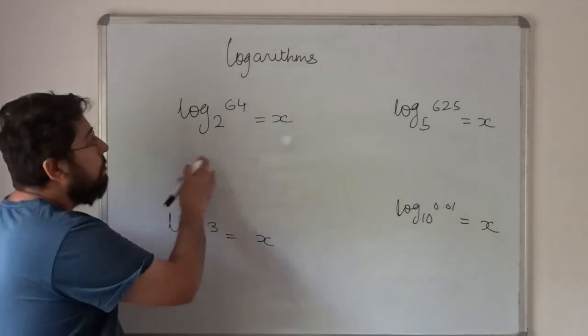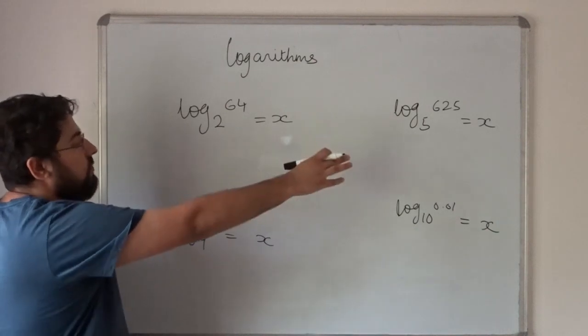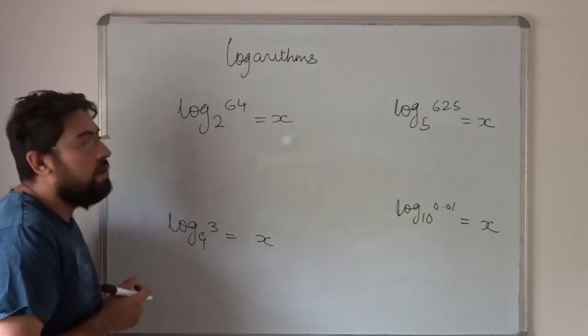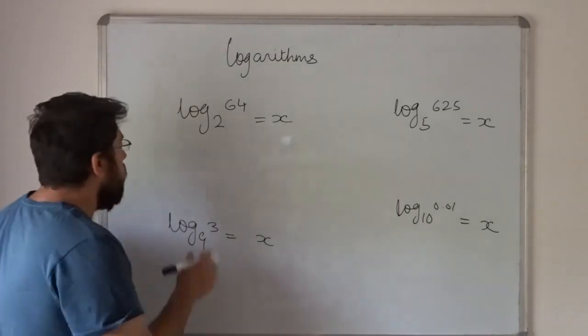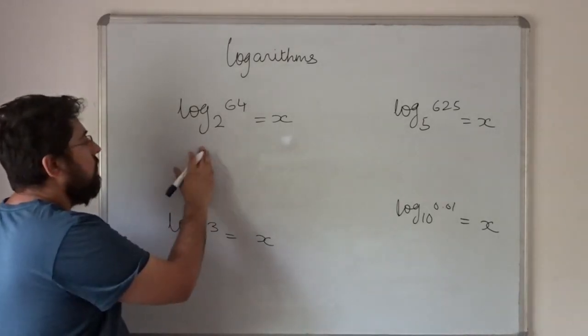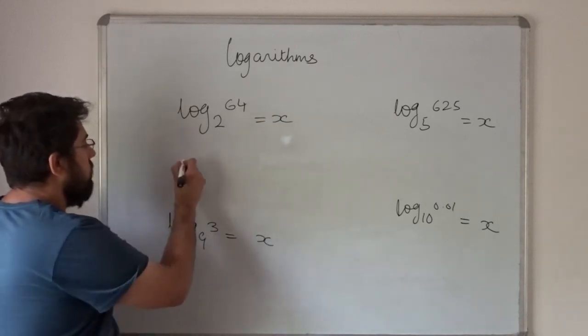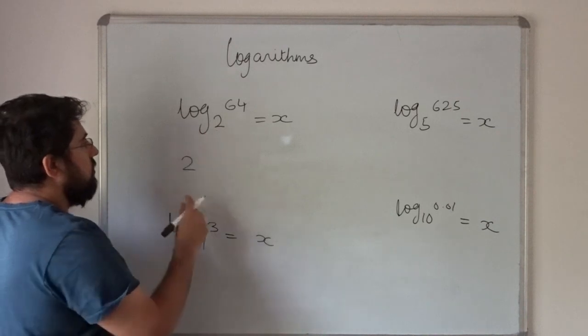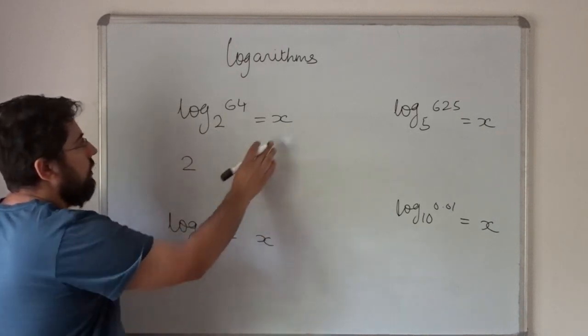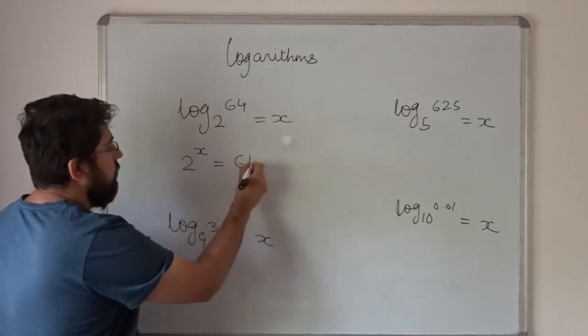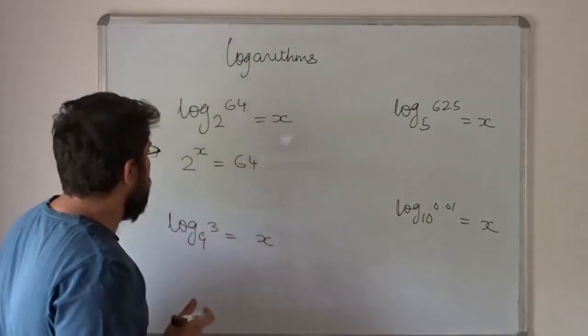So now let's solve them together. I hope you already solved these 2, and now you're probably solving these 2. But anyways, let's do them together. It's basically easy, guys. The first one is easy. So remember what I told you guys. 2 is the base here, so that's why I write 2. X is the exponent, and then 64 is the number.